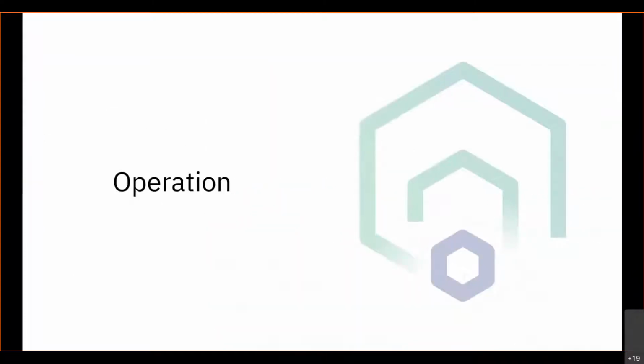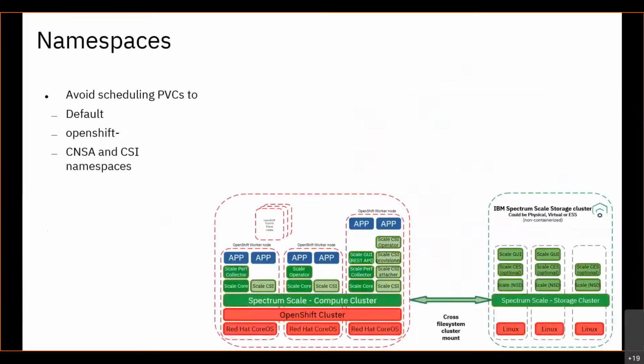Now let's have a look at the operation part of things. It is good practice to avoid some namespaces on Kubernetes and OpenShift. The default namespace, we've seen some strange behaviors. That is probably not the namespace to deploy applications to.